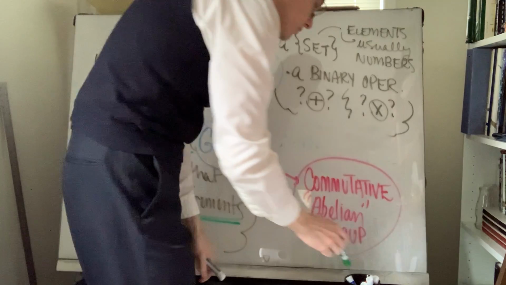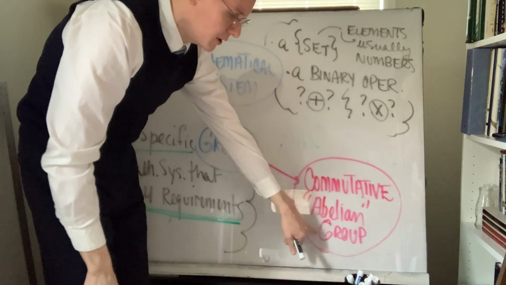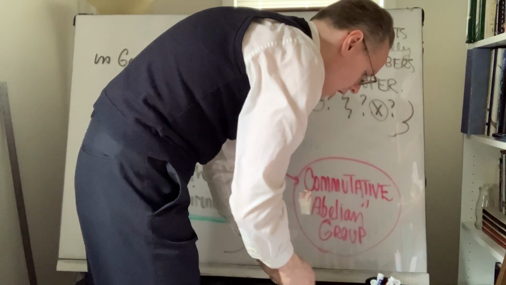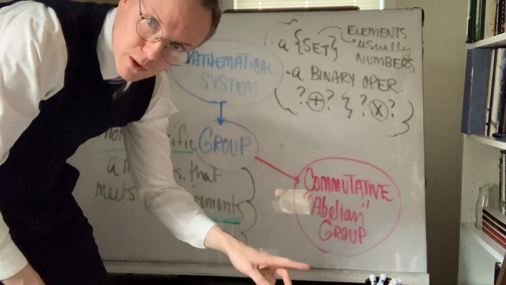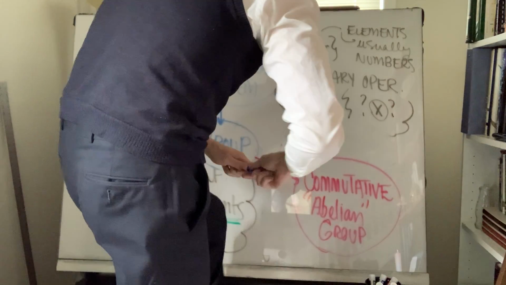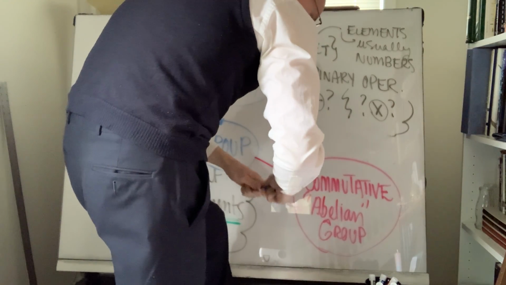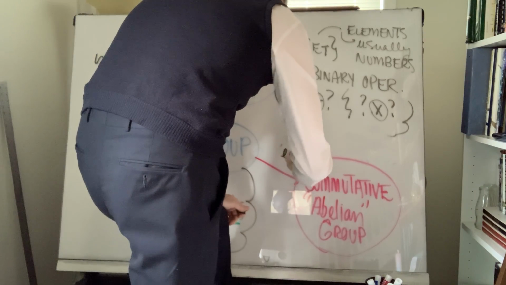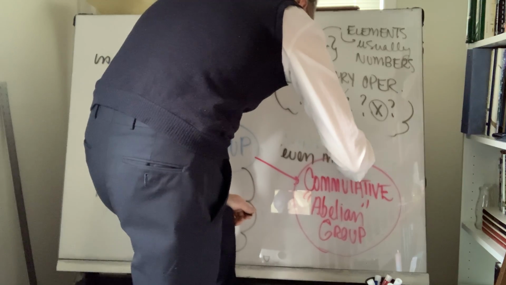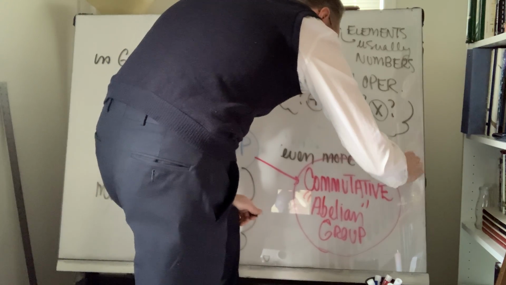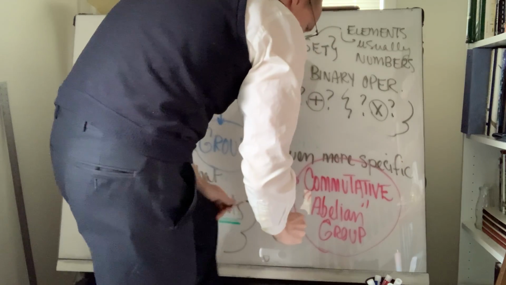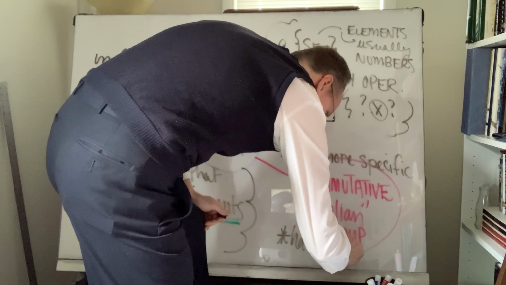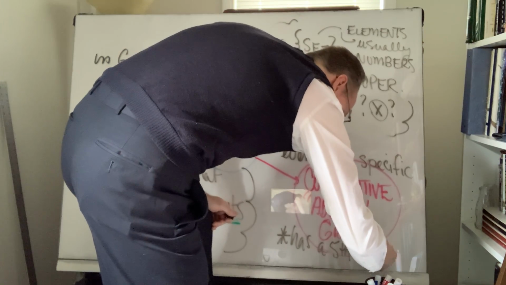When it comes to a commutative, or otherwise known as an Abelian group, after the person who was responsible for introducing us to this, there's a 5th criteria. So this is even more specific. Even more specific. This will be basically has a 5th requirement.